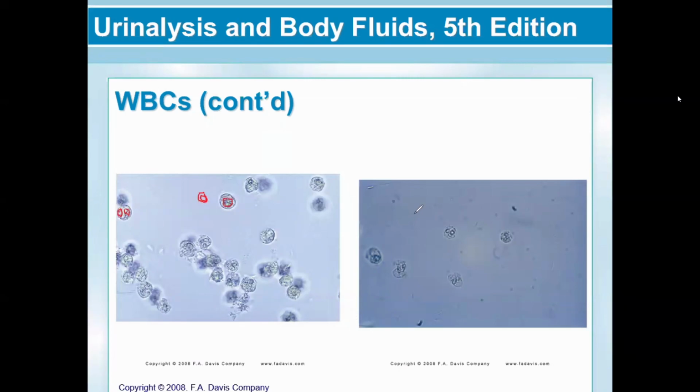Okay? So next, this is a white blood cell present in urine with acetic acid. Remember we said, we use acetic acid to do what? To enhance the nuclei of our white blood cells. We use acetic acid when there are so many red blood cells that we can hardly see the other significant formed elements present in our urine. So we use it to lyse the red blood cells after reporting the red blood cells.